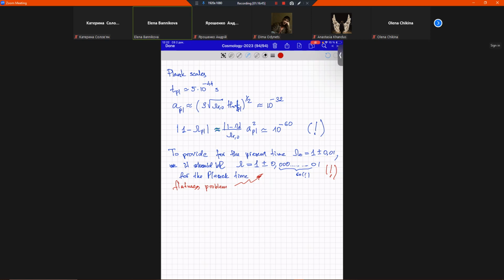It is strange that when the universe grows from the Planck scale, where the curvature is not homogeneous, it finally became homogeneous and then flat. So we need to find the explanation of this.